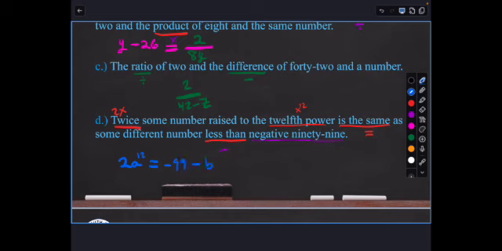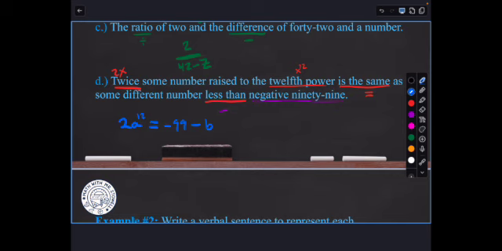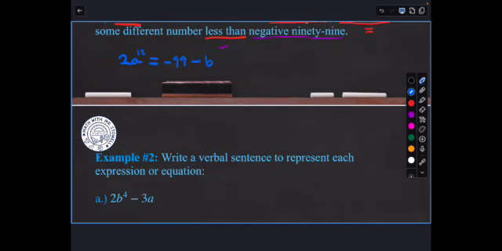So we're going to do B. Twice a number raised to the 12th power is the same as negative 99 minus this other number, or this other number taken away from negative 99. Okay, if we have any questions, make sure that we ask them at the end.